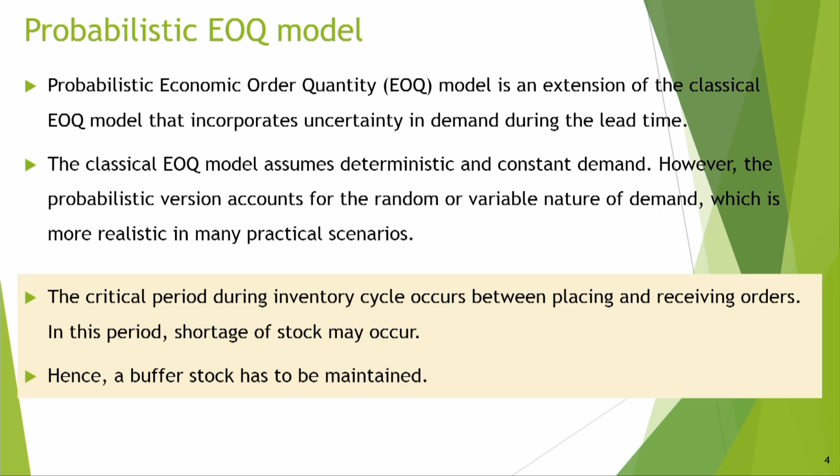Lead time means that suppose you order some quantity, but it will not come immediately, it will take some days, maybe it will take 10 days. During 10 days, if you have already some stock, but it may be insufficient. Okay. It may be insufficient and you may get shortage.